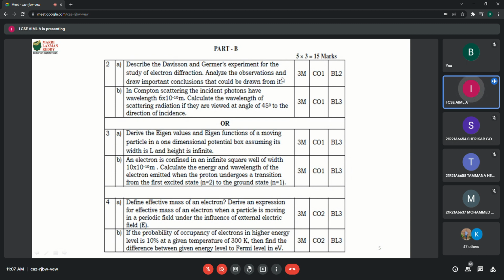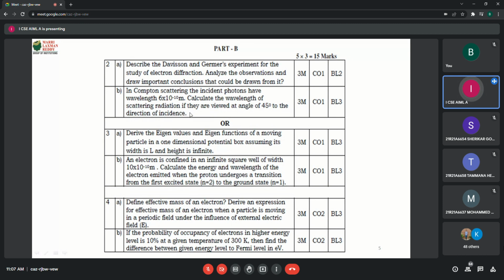Analyze the observations and draw important conclusions that could be drawn from it. Overall, you are going to write about the Davisson-Germer experiment using a diagram, and you are going to interpret the results as well, under the long answer question.